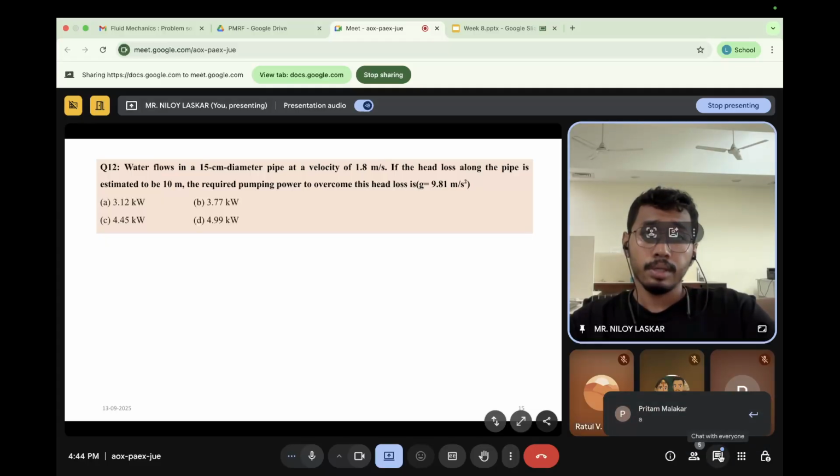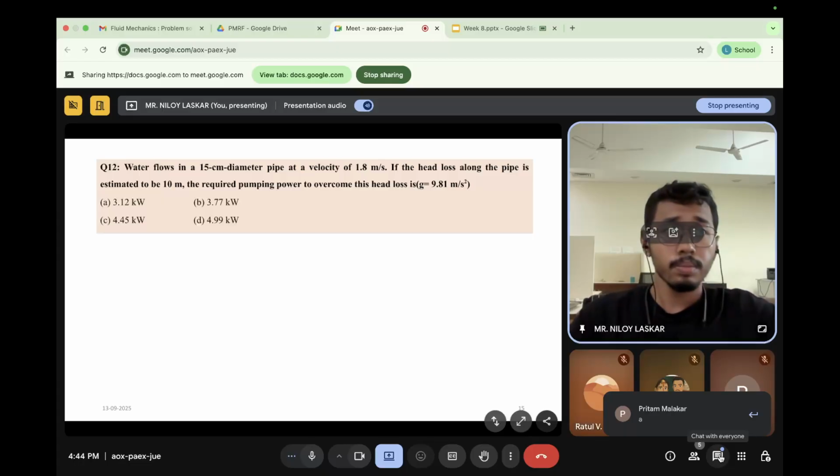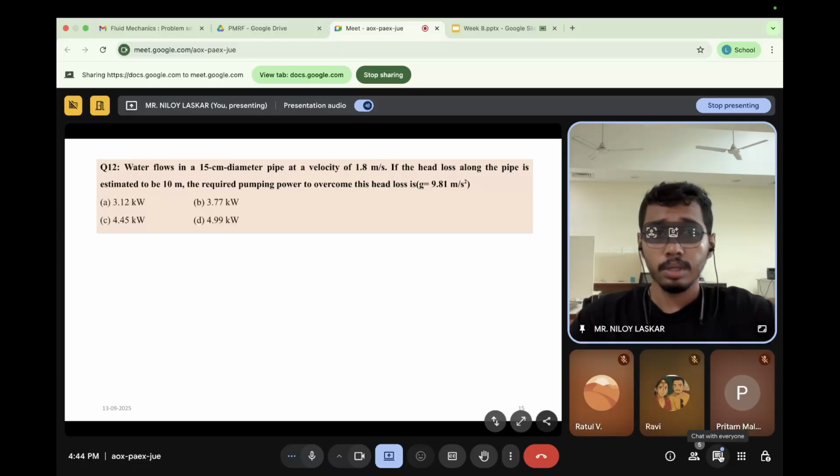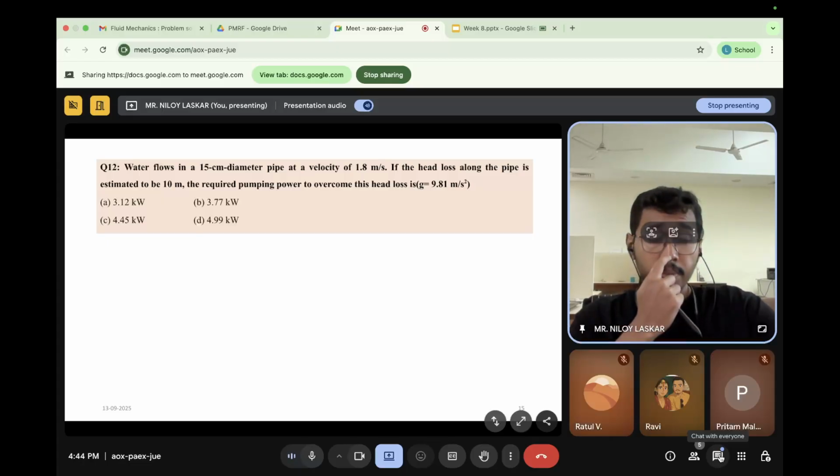Option A. Mr. Pritham has said it is option A. For the others, I am giving a hint. In fluid, while studying this power concept, power is basically a function of pressure and the flow rate. So you can use this concept also.